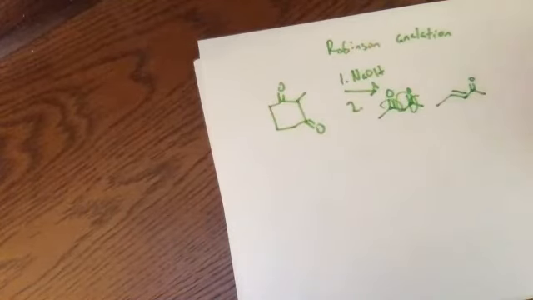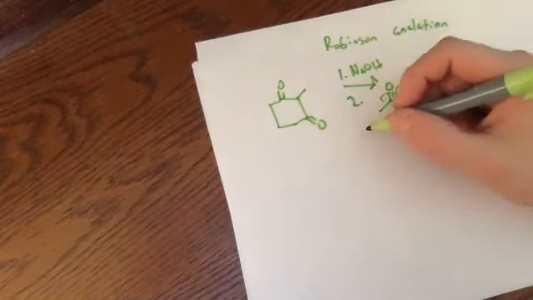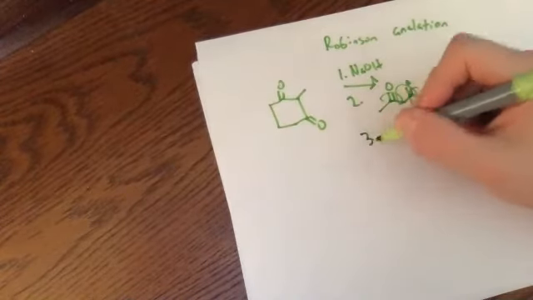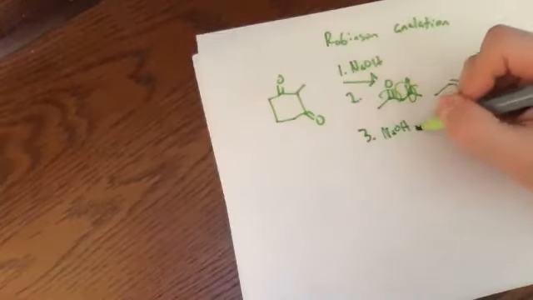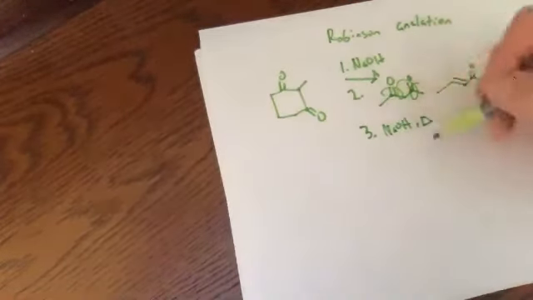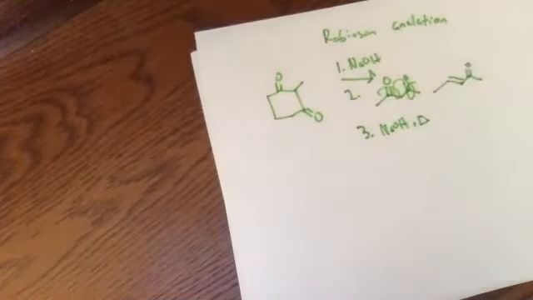It can't be an aldehyde. We'll talk about that in a minute. And then finally, more NaOH and heat. The NaOH is a little redundant because it's already in there, but you need the heat at least.